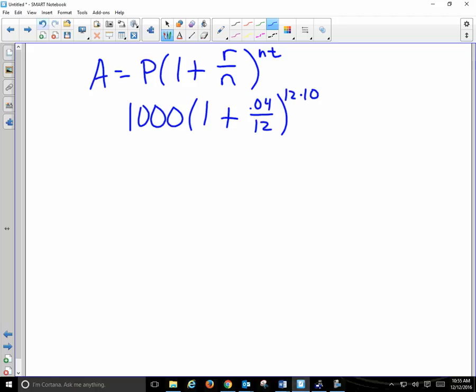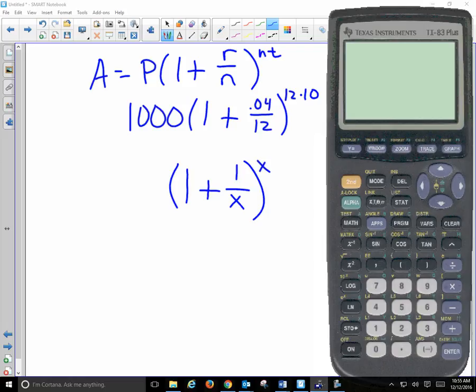Well, if we just change this formula a little bit, suppose we just invest $1, and it compounds not at 4%, but at 100%. And it's going to compound a certain number of times over the given course of the year. I want you to take that and type that into your calculator into the y equals.